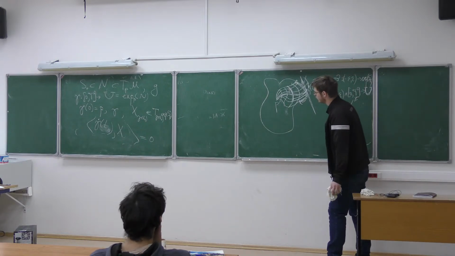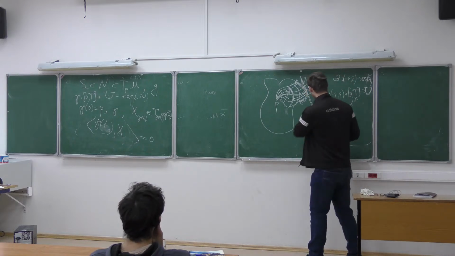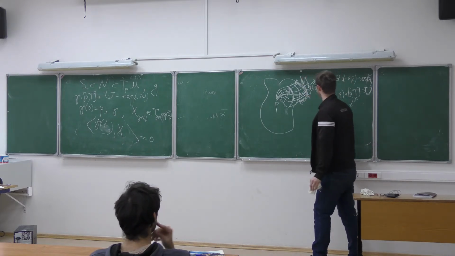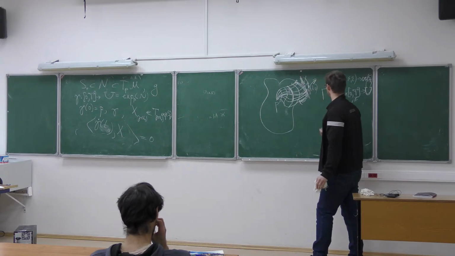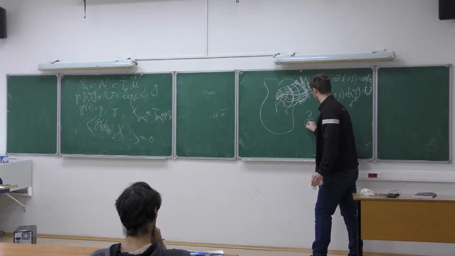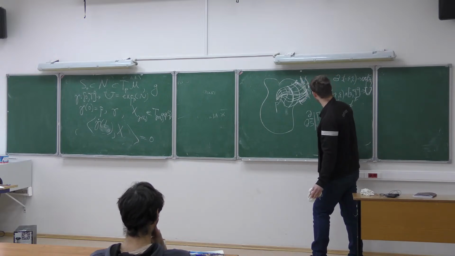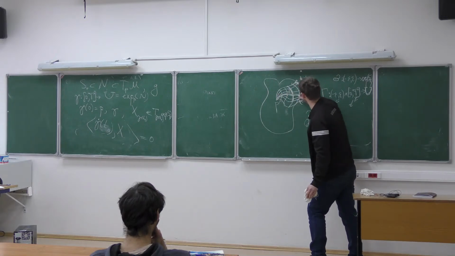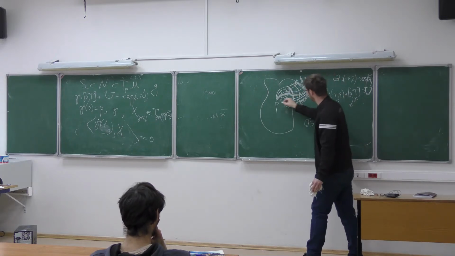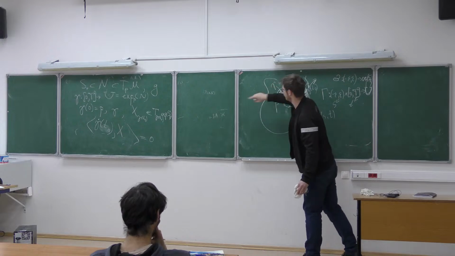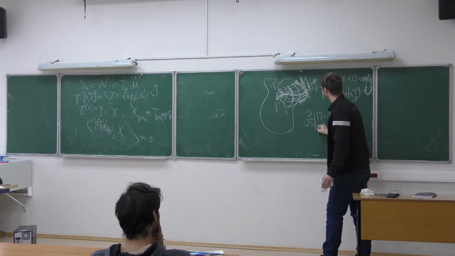Something like that. Okay, and the idea is to see that this vector x is just d by ds of gamma s of t at s naught, for our fixed initial geodesic gamma from here, where t is t naught.